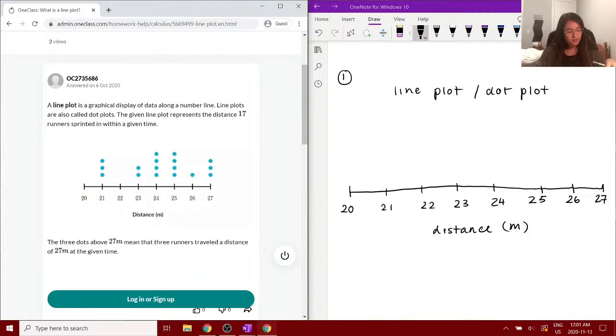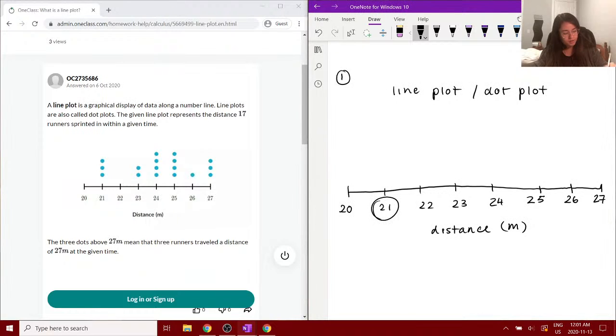The 3 dots above the 21 meter mark represent 3 runners that are located at the 21 meter mark. There are 0 runners at the 20 meter mark. There are also 0 runners at the 22 meter mark because there are no dots.